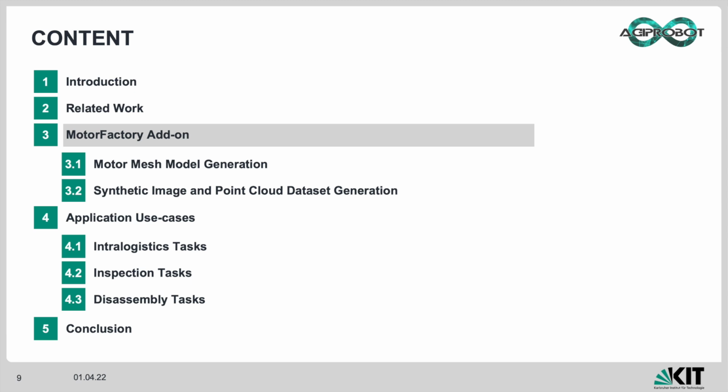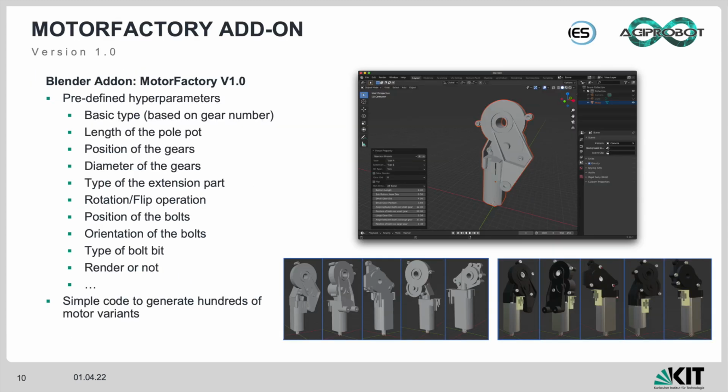Our MotorFactory add-on is able to generate mesh models with various specifications and save them in desired file formats. Considering different requirements, the add-on is implemented in two versions. Version 1.0 only considers the components of motors that can be directly observed from the appearance, while version 2.0 further considers the inner components.